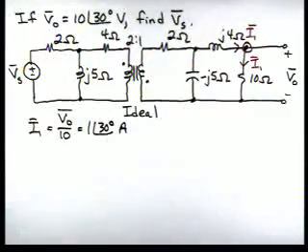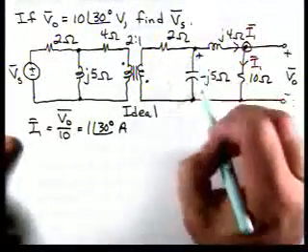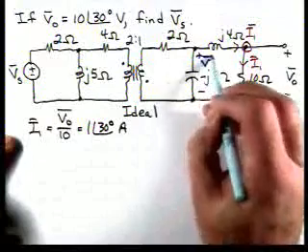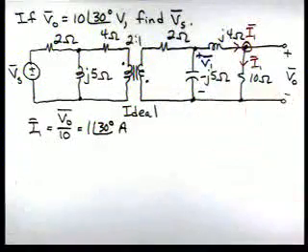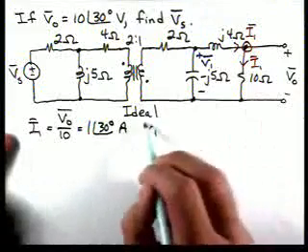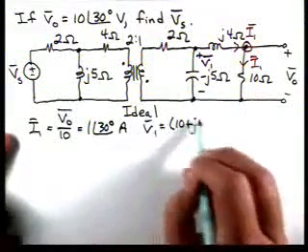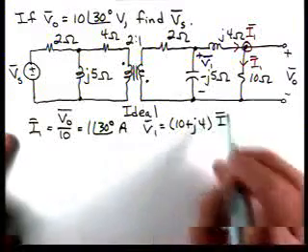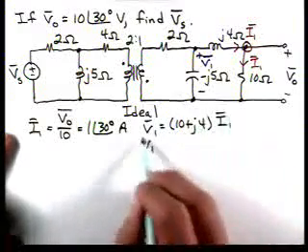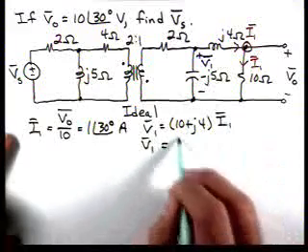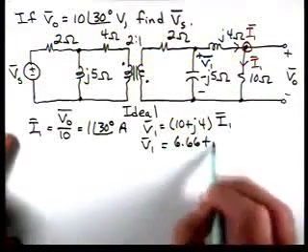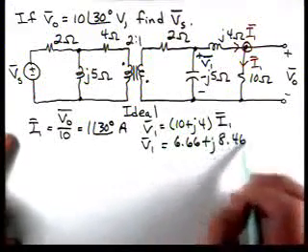And now, let's calculate this voltage V1. V1 is 10 plus J4 times I1. So then V1 is 6.66 plus J 8.46.